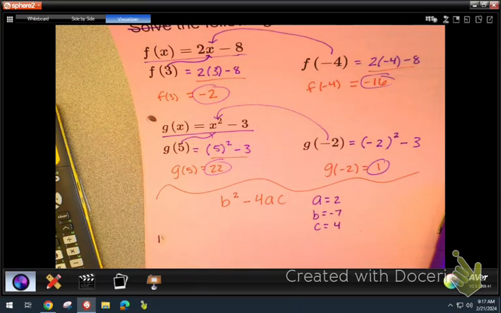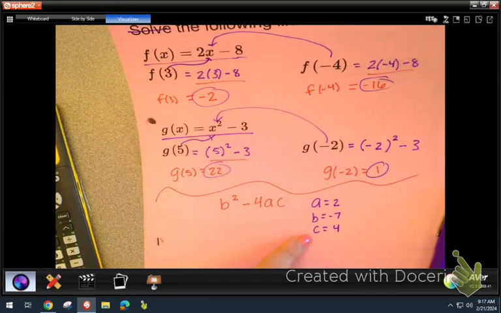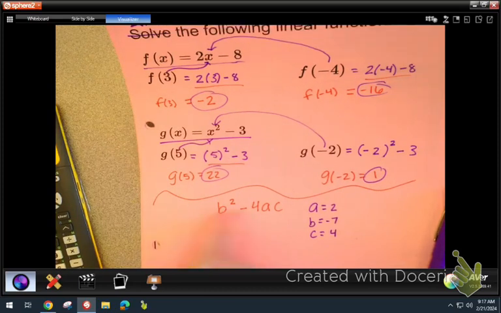So the idea is I gave you an expression, b squared minus 4ac. I gave you values for a, b, and c. I want you to evaluate. I want you to plug in to this formula, remembering what I said about parentheses and signs and things like that, and I want you to tell me what that number is going to be.